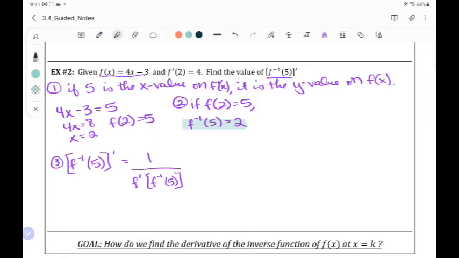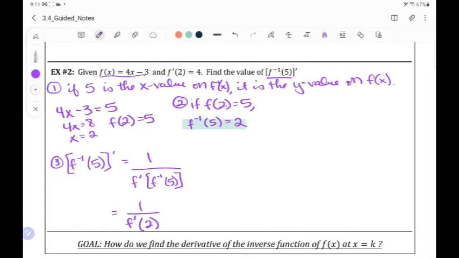I got to warn you, just like what's happening to me, that prime and inverse go back and forth, and it's so easy to make it look confusing because they even look alike, and we use the prime so much in calculus, and then now we're throwing in the inverse. So just be cautious and double check yourself, okay? So we know that the f inverse of 5 equals 2. So right here, I can change this to 1 over f prime of 2.